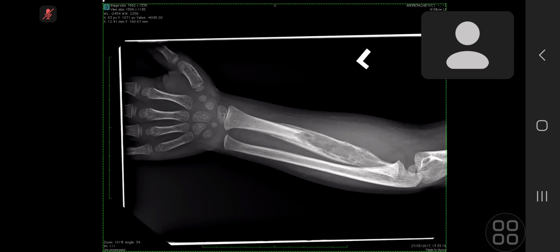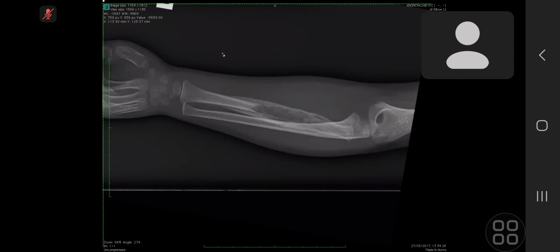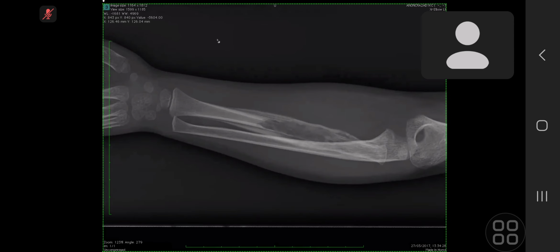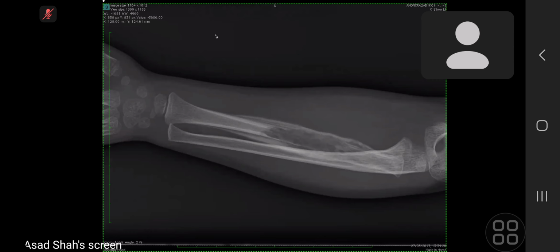The rest of the bones appear normal to me. I would like to see other projections for further evaluation. Because of the wide zone of transition, I cannot appreciate the upper margin of the pathology. The periosteal reaction is lamellated and parallel to the axis of the bone.